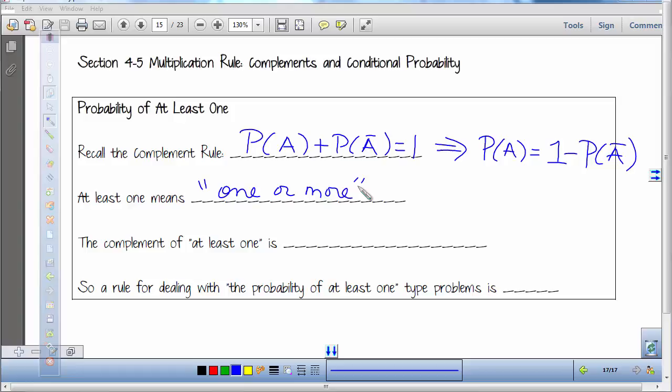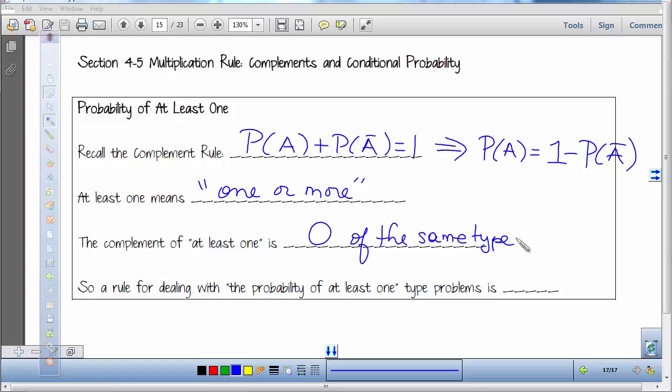All of those would be a part of at least one. But what's the complement of at least one? Well, in the case with the girls, the only thing that could happen for a family of 5 children that is not at least one girl would be 0 girls. So the complement of at least one is 0 of whatever it is we're looking at. So I say 0 of the same type.